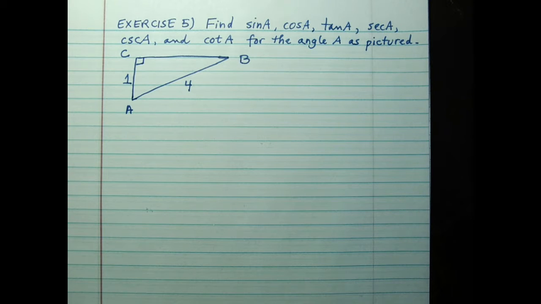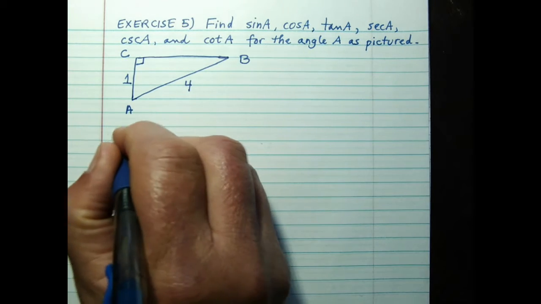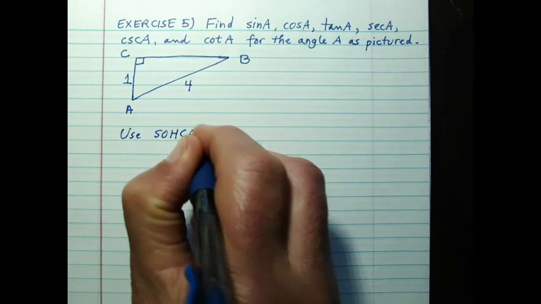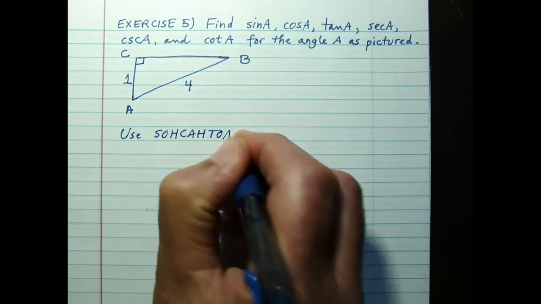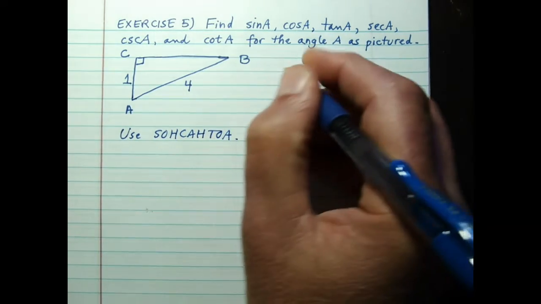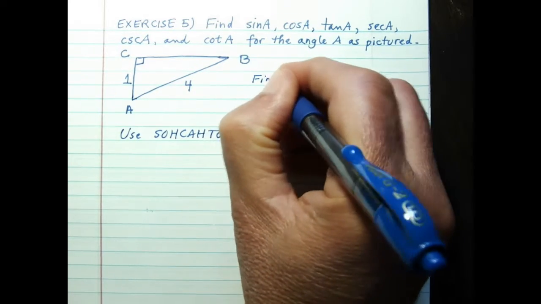Okay. So we are going to get started by using SOHCAHTOA. But in order to use SOHCAHTOA, we need to find the missing side.